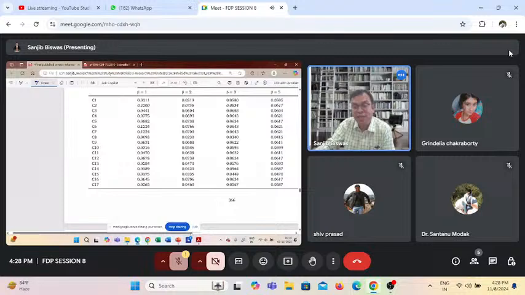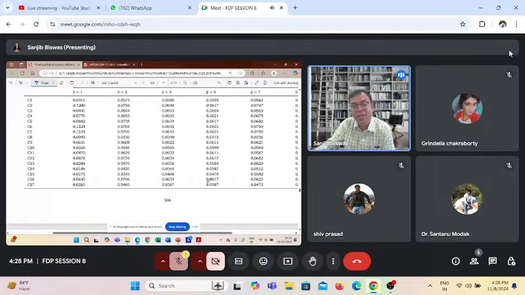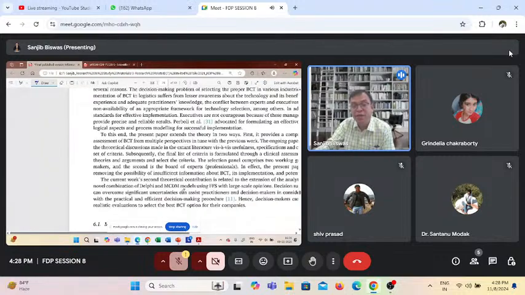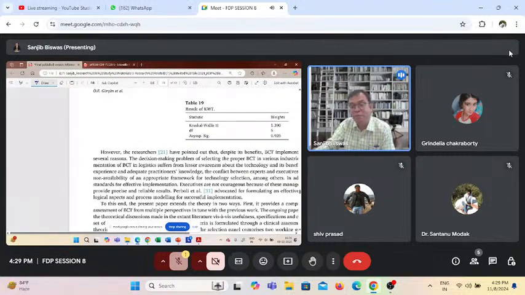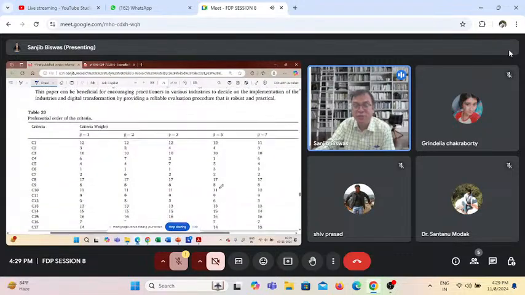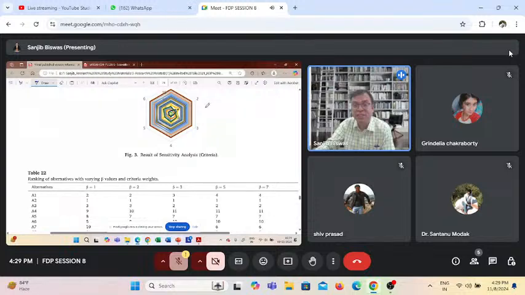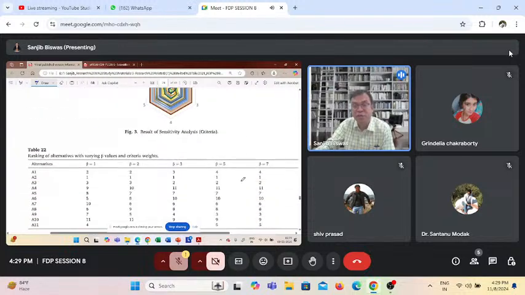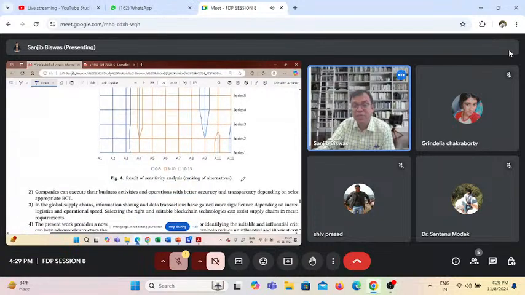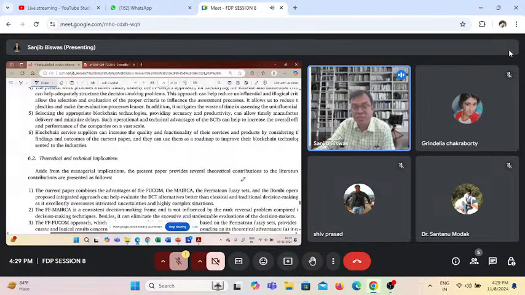So in this case, deliberately we change these beta values, that is the aggregation parameters, and we rank, and in each case we perform the Kruskal-Wallis test. We did not find any significant change, and that is suggested through this diagram. No significant changes are there. So we can say that the method is quite a stable method.